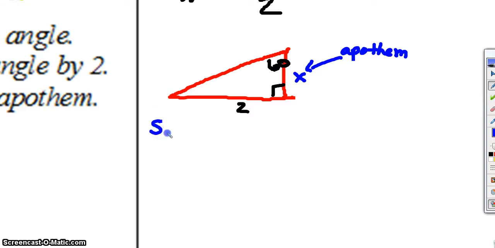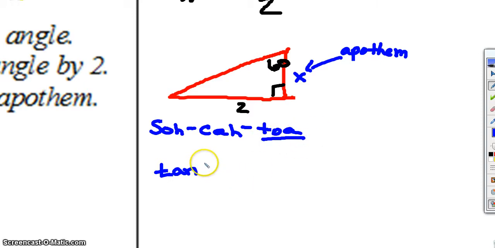And just to remind you, SOHCAHTOA is what we're going to remember for this. So 2 is our opposite side, and x is our adjacent side. So we're going to use tan, TOA, because TOA has opposite over adjacent. So tan, the angle goes inside, tan of 60 equals 2 over x.